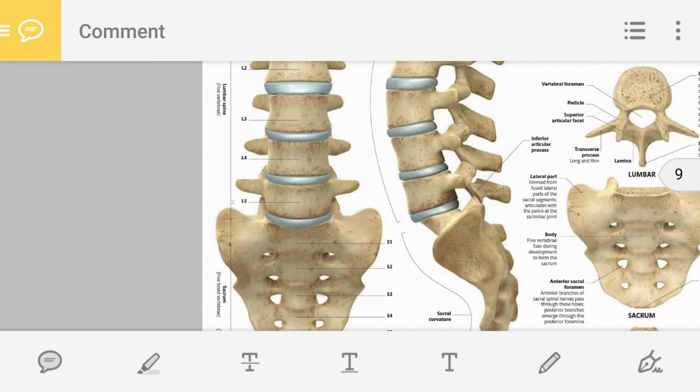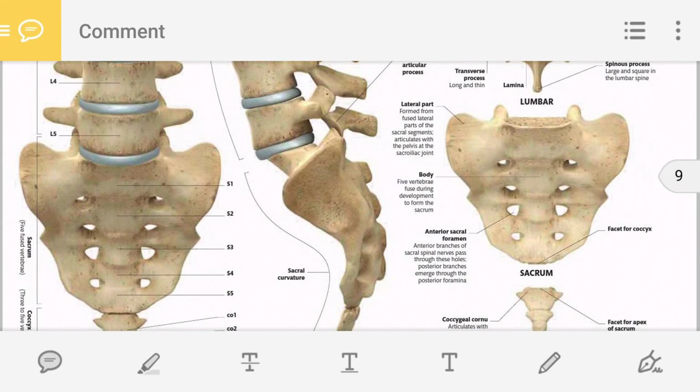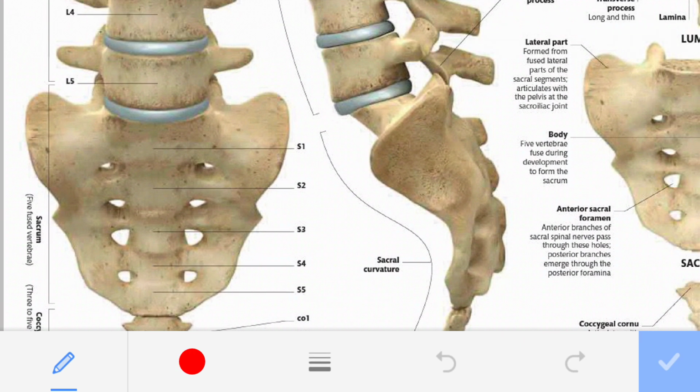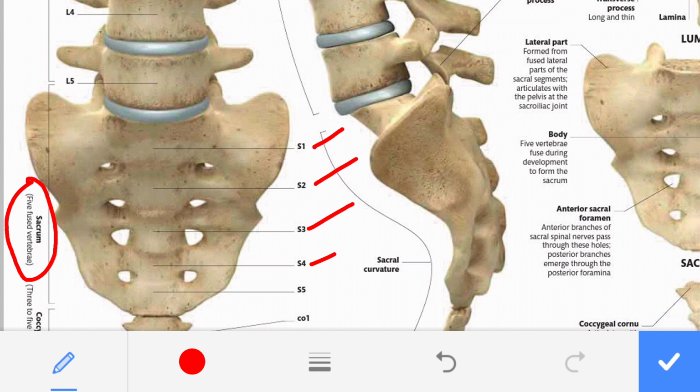So these 5 are the lumbar vertebra. Then sacrum, 5 fused vertebra, for example S1, S2, S3, S4, S5. So these 5 fuse together and they are making one vertebra.